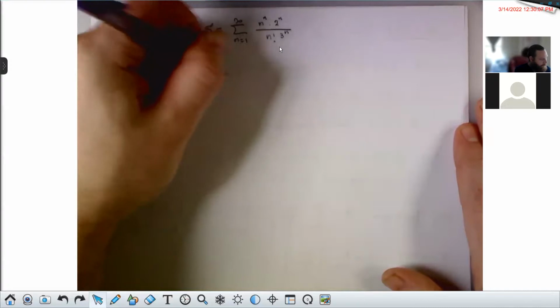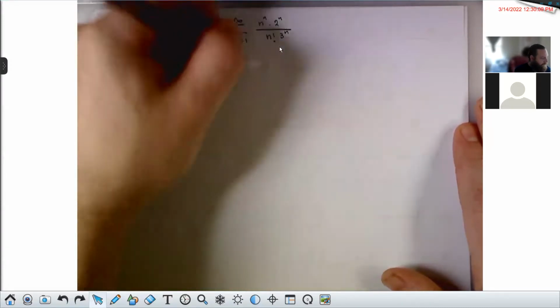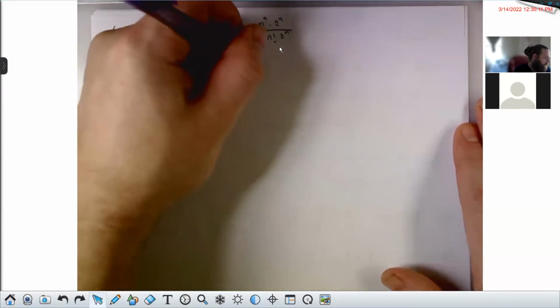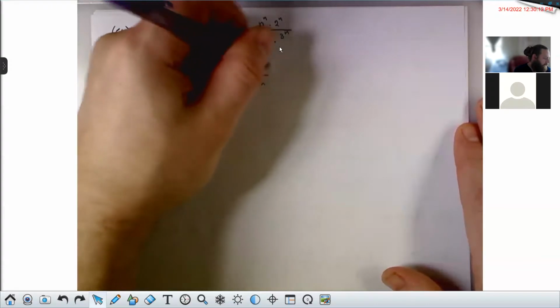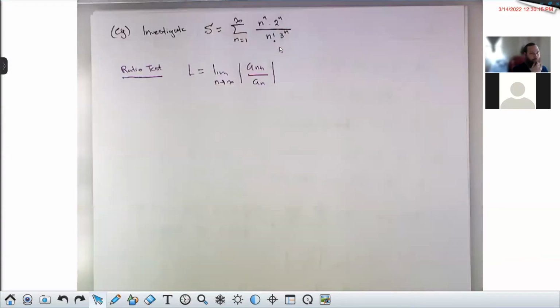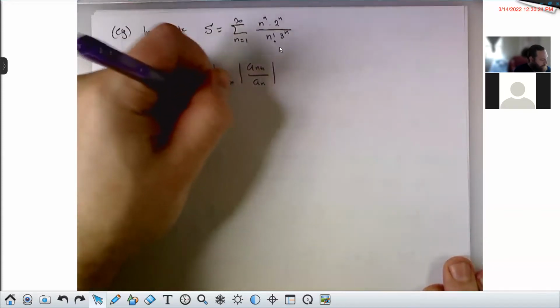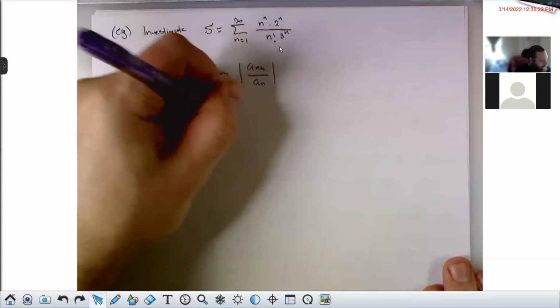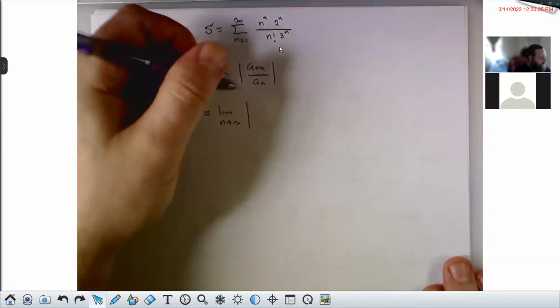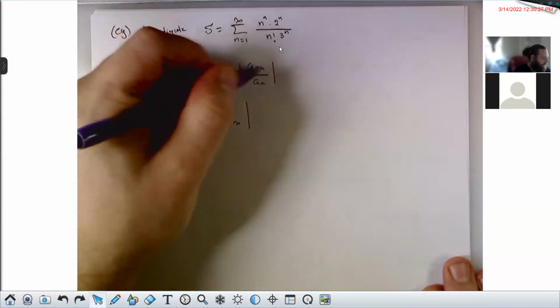L is going to be the limit as n goes to infinity of the absolute value of a sub n plus 1 over a sub n. And I'll jump straight to the step where you multiply by the reciprocal of a sub n. So we'll have the absolute value of, well, let's see, what is a sub n plus 1?